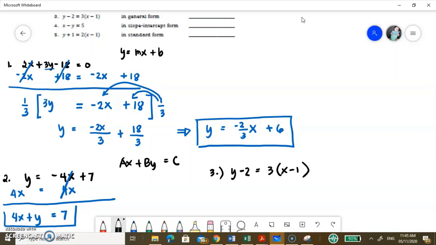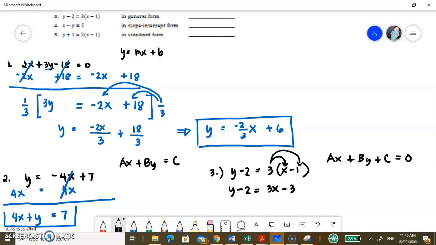You're asked to transform it into general form. Yung general form natin ay ax plus by plus c equals 0. Okay? So, gawin natin is, unahin natin to. Distribute natin yan. So, just copy y minus 2 equals 3x minus 3.